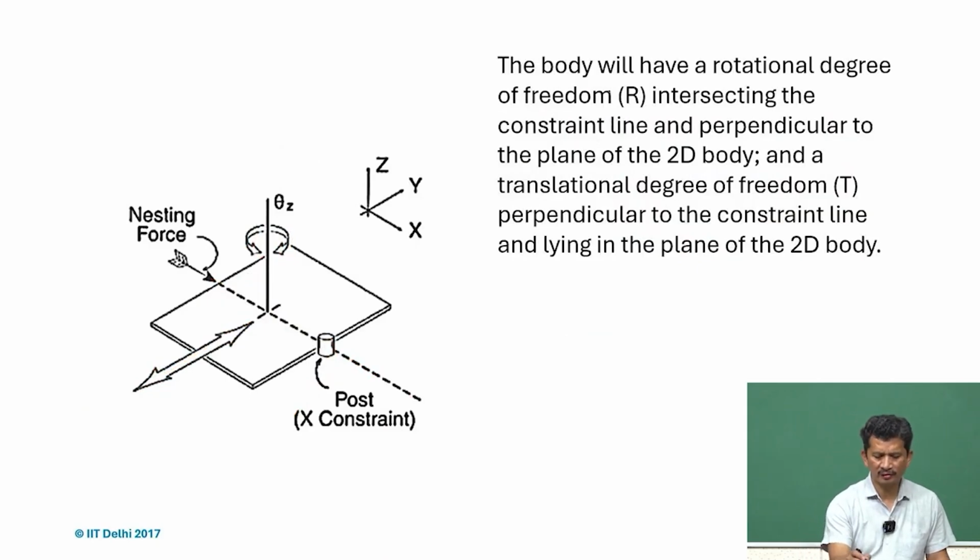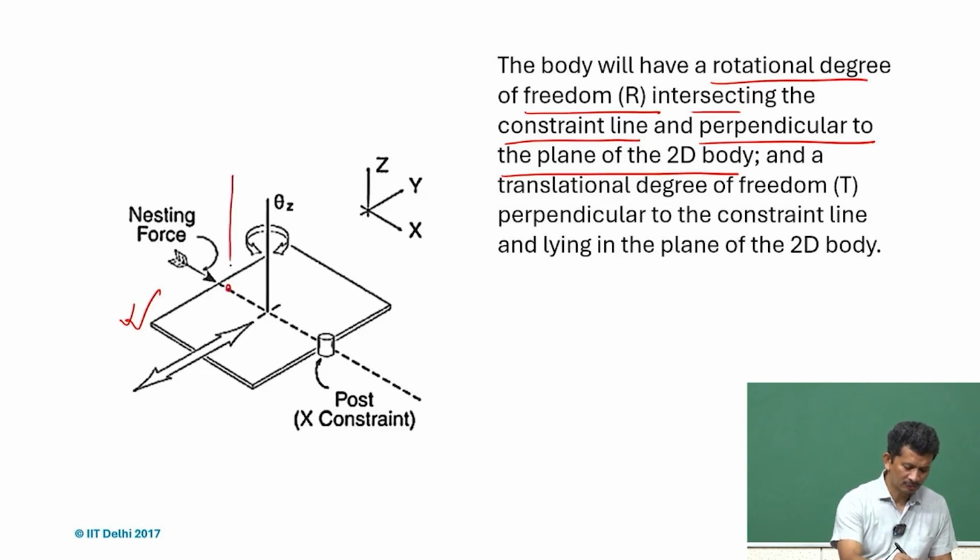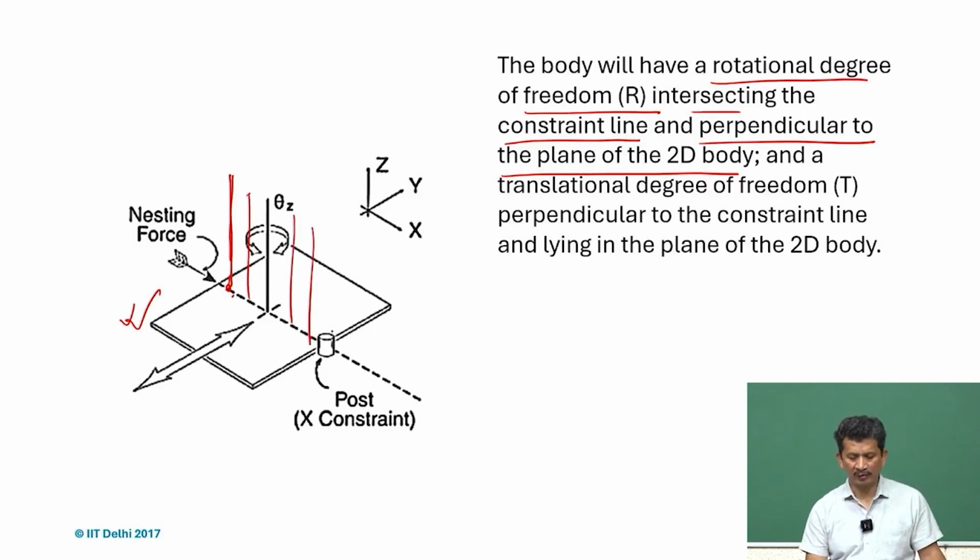What it also says is that in this case, the body will have a rotational degree of freedom about an axis intersecting the constraint line and perpendicular to the plane of the 2D body. That is what I was trying to explain. So, it can also rotate here, so any axis, if we take it perpendicular to the plane of the 2D body, right here.